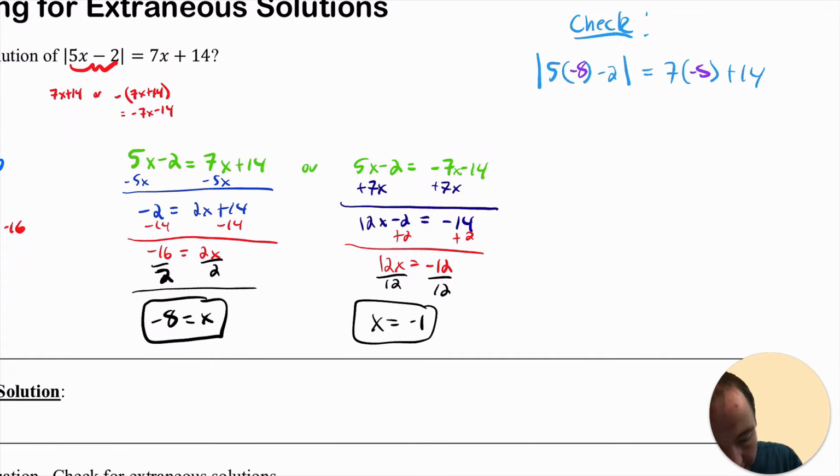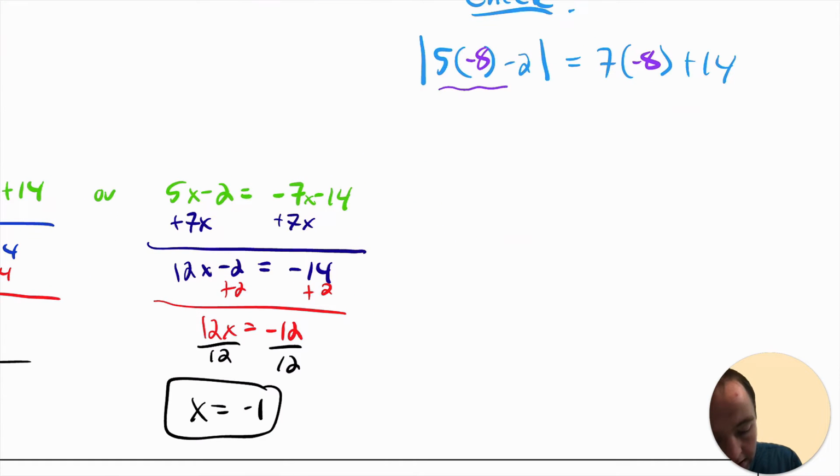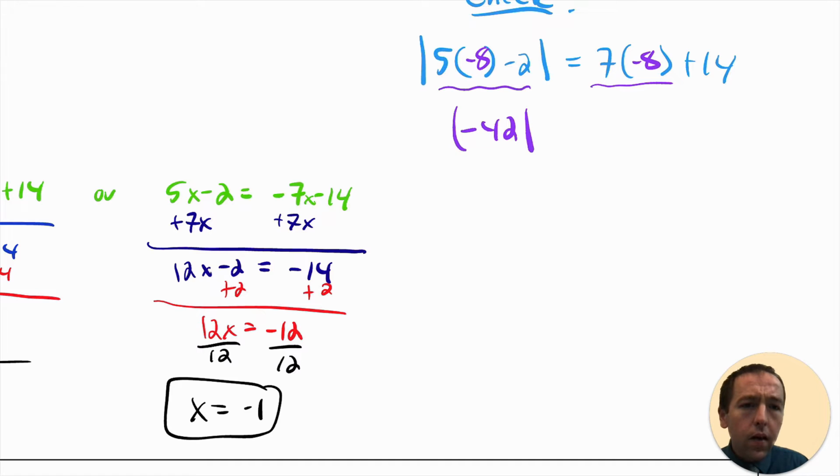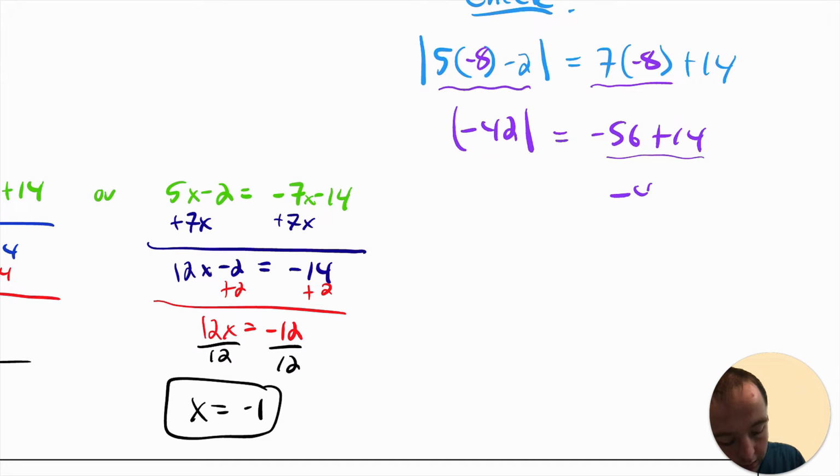So if I plug in negative 8, right here I've got 5 times negative 8 is negative 40, and negative 40 minus 2 is negative 42. So that's an absolute value. And then I've got 7 times negative 8 is negative 56 plus 14. If I do that, it's going to be negative 42 when I add them. And then the absolute value of negative 42 is 42.